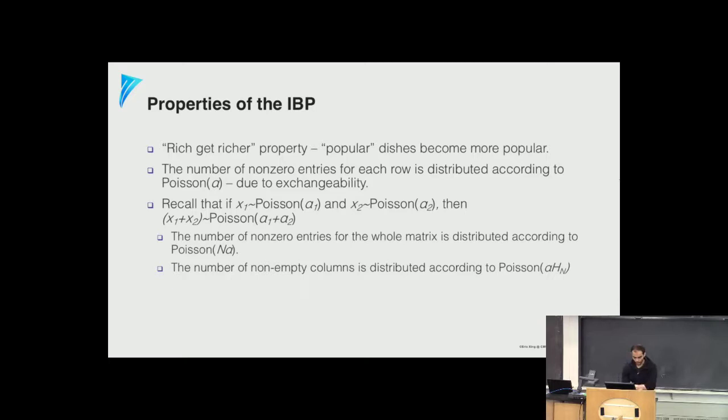So due to this property of the Poisson process, that if two variables are sampled from two different Poissons, then the sum of the two variables is sampled from a Poisson over the sum of the corresponding parameters, we can say that the number of non-empty columns, and by non-empty columns I mean that we try to see which dish was selected at least once, will be distributed according to this Poisson.